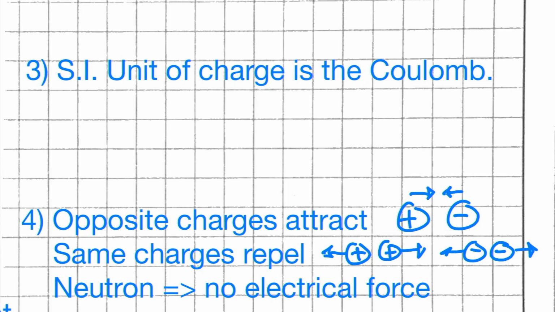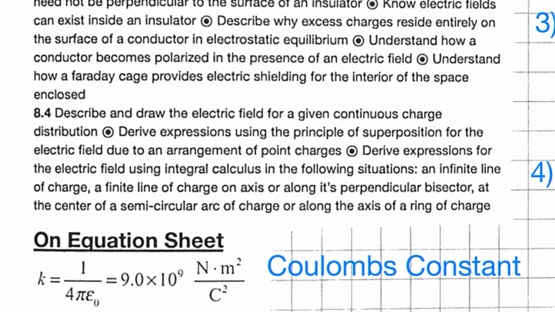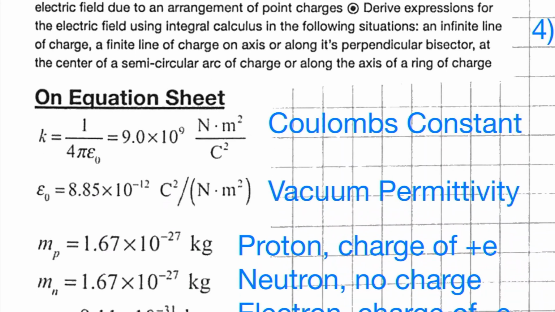All right, moving on. Over at the left here, we've got Coulomb's constant: 9 times 10 to the 9th, with units of newton meter squared per coulomb squared. Another way of writing Coulomb's constant is 1 over 4 pi epsilon naught, where epsilon naught is the vacuum permittivity.